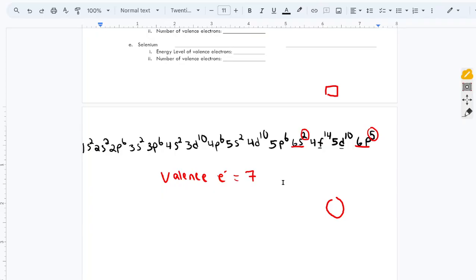Now, you don't have to write this down. I just wanted to give you a heads up. There may be a problem like this on the exam, and I don't know. I don't want it to be the very first time you saw it, but we do the same thing. We're just going to use the highest energy level and the electrons that are there, okay?